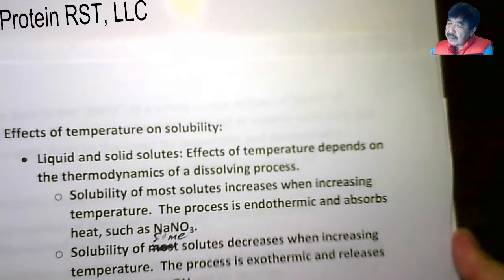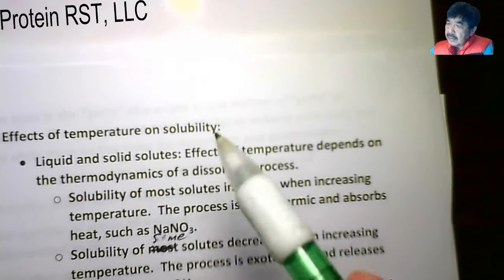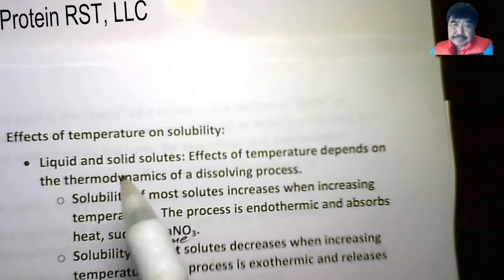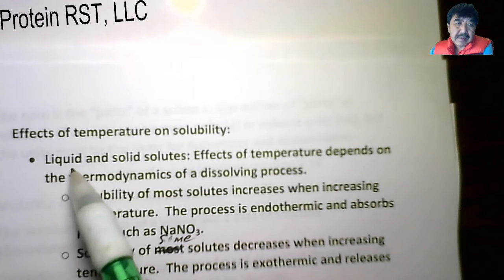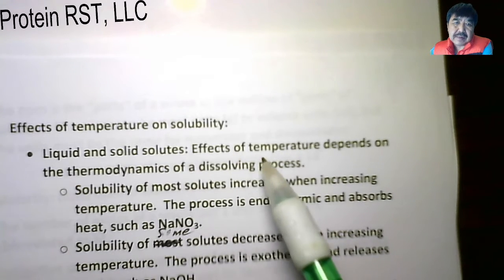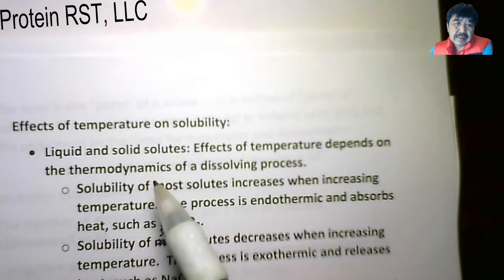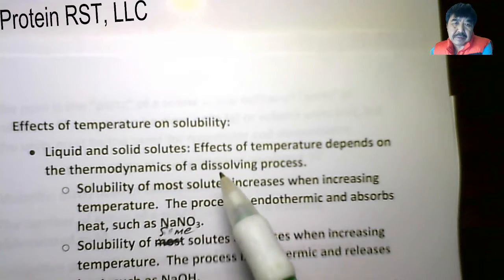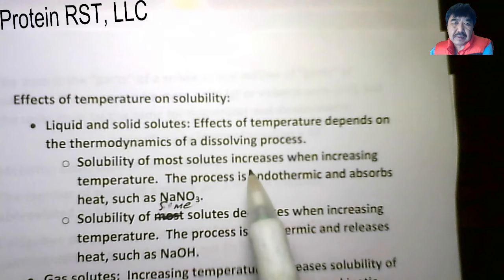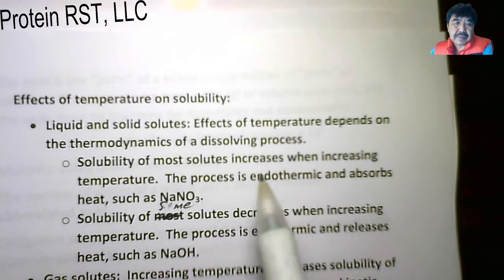Let's take a look at the effects of temperature on solubility. Liquids and solid solutes. Effects of temperature depend on the thermodynamics of the dissolving process. Solubility of most solutes increases with increasing temperature.